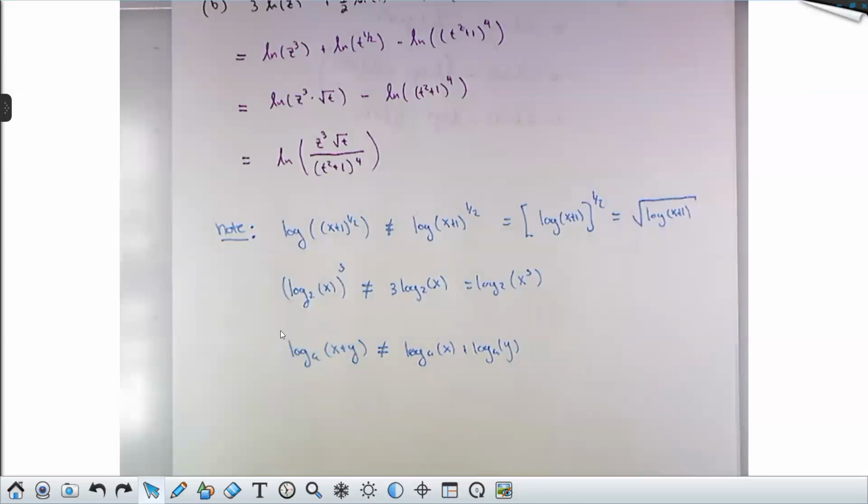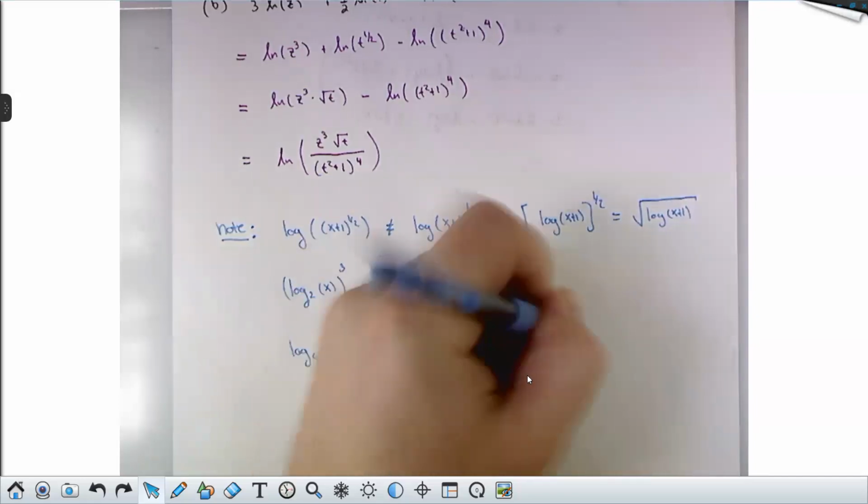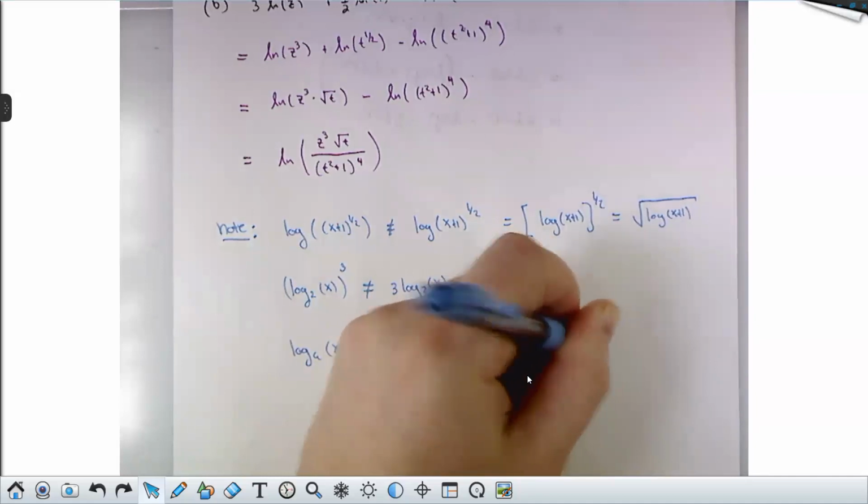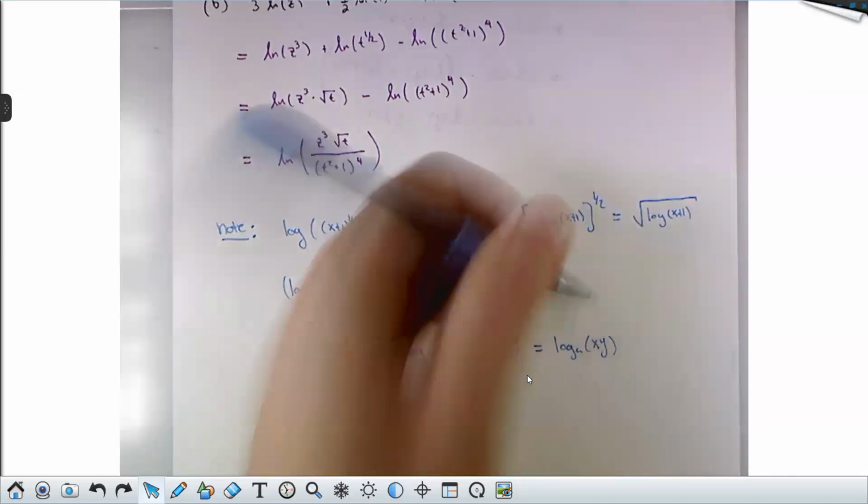And there is no rule for logarithms that has anything to do with addition inside. If you go back and look at those log rules, none of them have x plus y inside. There is a rule for stuff like this. What this is actually equal to is the base A log of x times y.